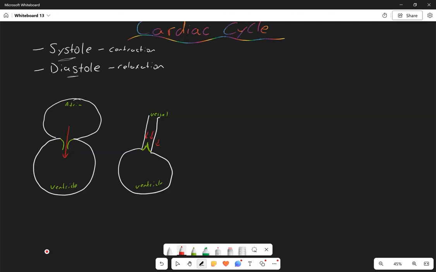The first thing that's going to happen is that the SA node is going to fire, and that's going to create atrial depolarization and atrial systole. So what's happening in atrial systole?